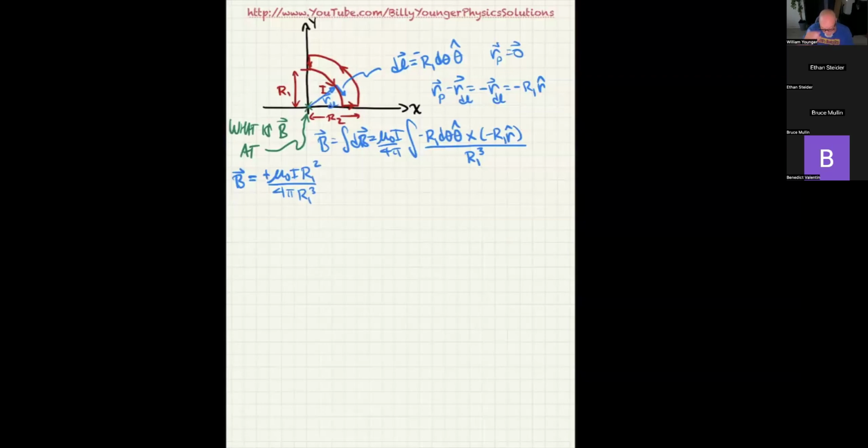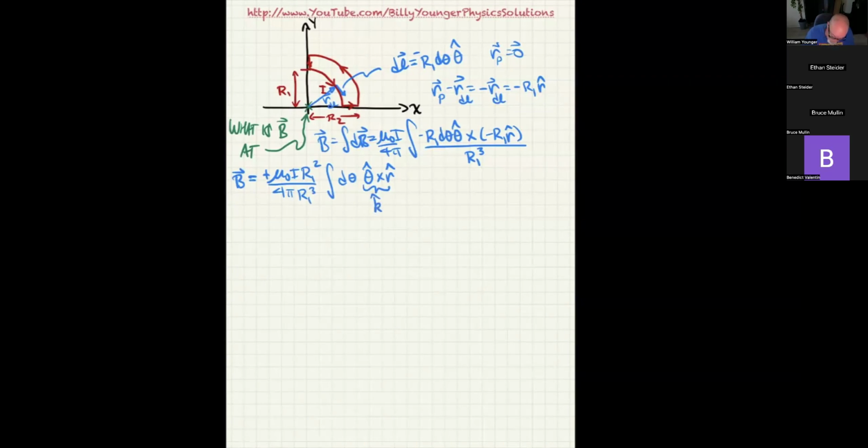So I'm just doing that inner arc right now. Now I have the integral of d theta times theta hat cross r hat. Theta hat cross r hat is pointing out of the page, and that out of the page is the k hat direction. So this right here is just k hat.